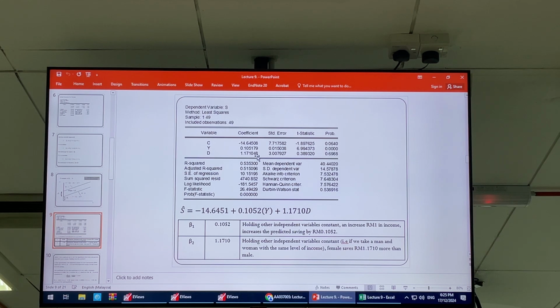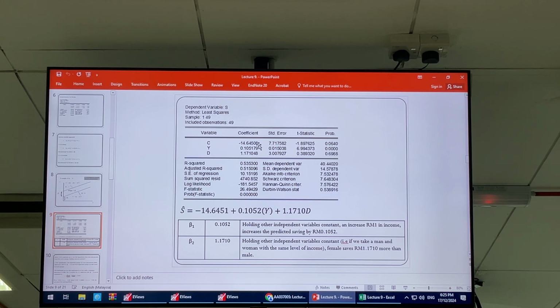So we have the slope to be the same for both male and female, 0.10, meaning that for every 1 ringgit increase in income, 10 cents goes to saving. But when income equals 0, the basic saving for the case of female is negative 14 ringgit.